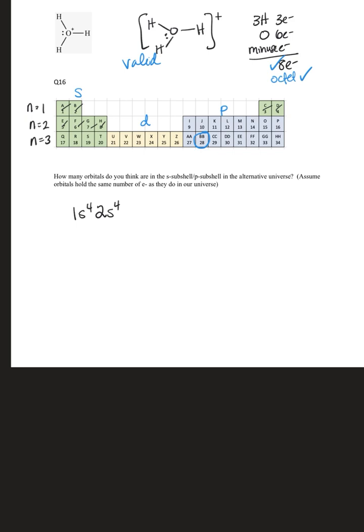And now we're going to go into the p block. And notice that there's 1, 2, 3, 4, 5, 6, 7, 8 p electrons. So we'd be 2p8. And it's still 2 because we're in the n equals 2 row. And that means we've ticked off these positions in the periodic table.